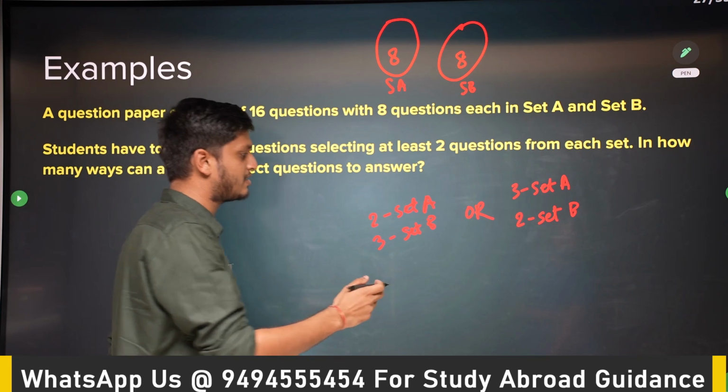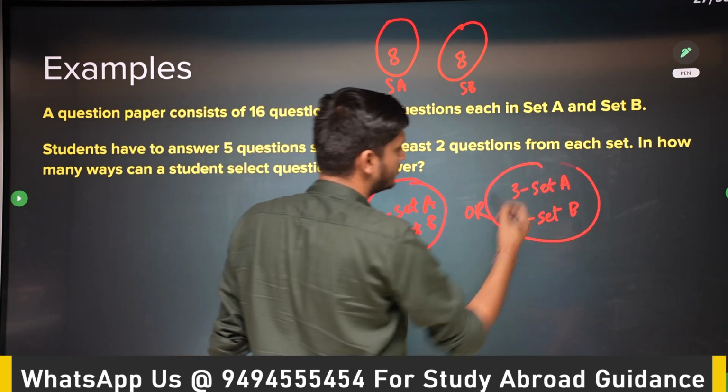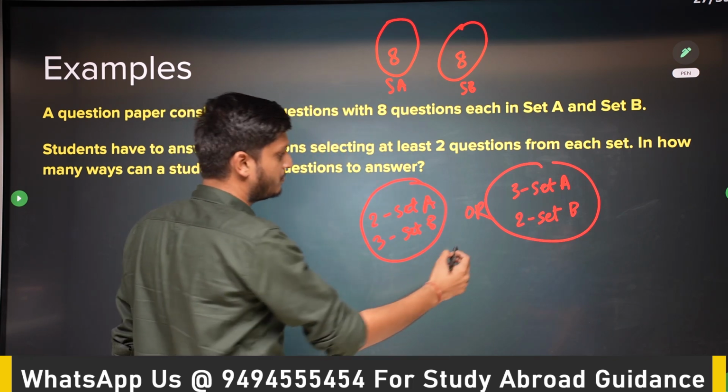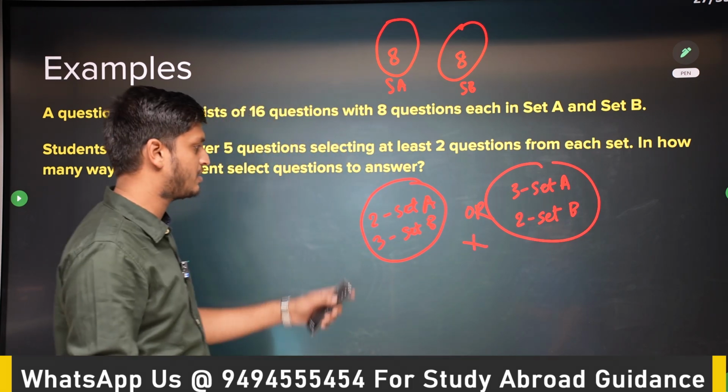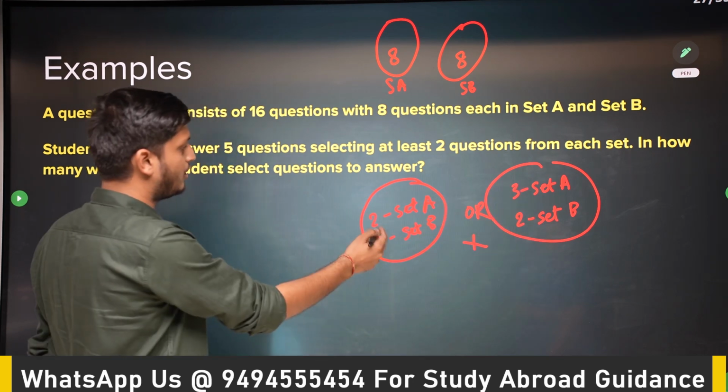Again, everything is a task. So either you do task T1 or you do task T2. Or means what? Rule of sum, plus. So you select 2 from set A, 3 from set B, or you select 3 from set A and 2 from set B. So in how many ways can we do this?